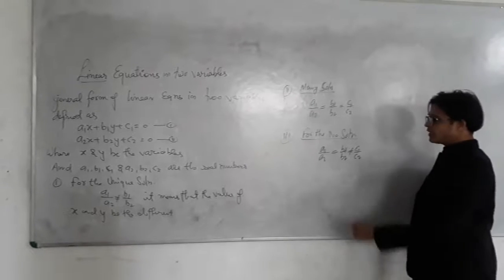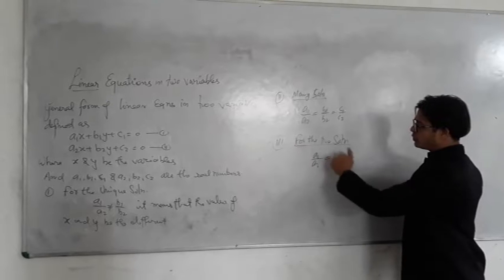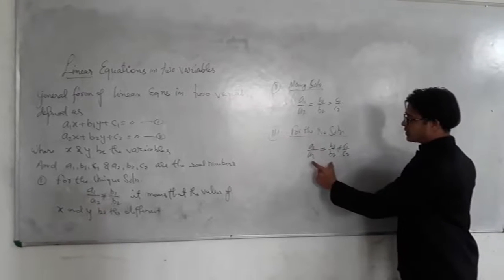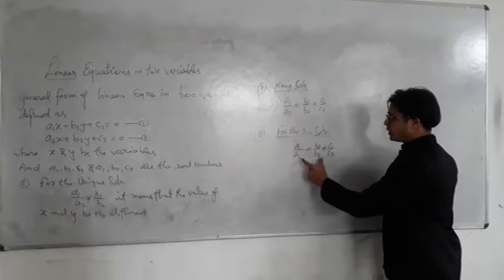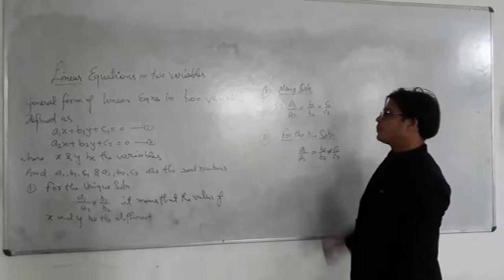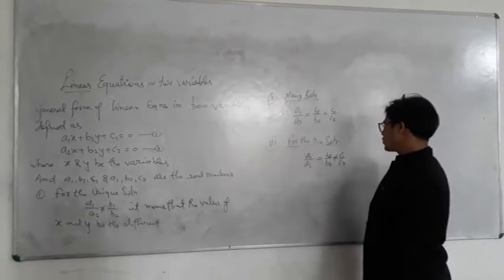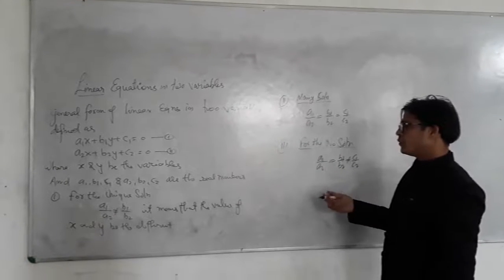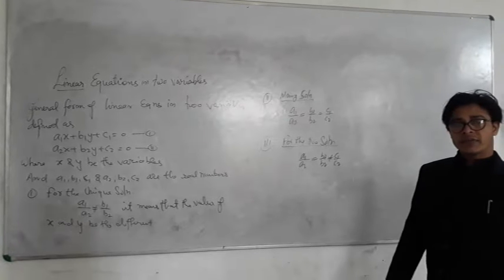The ratio a1 upon a2 is equal to b1 upon b2, and this is not equal to the constant ratio c1 upon c2. If this condition holds, we can say that the system has no solution.